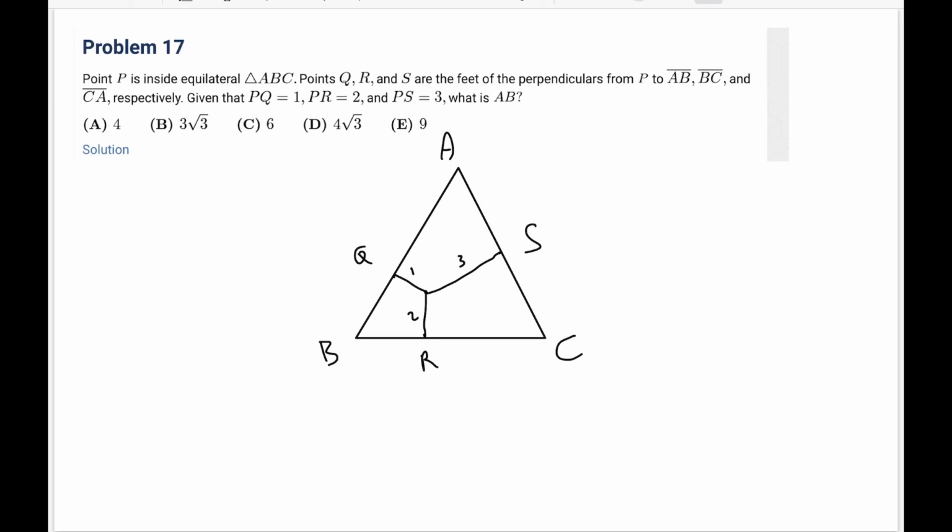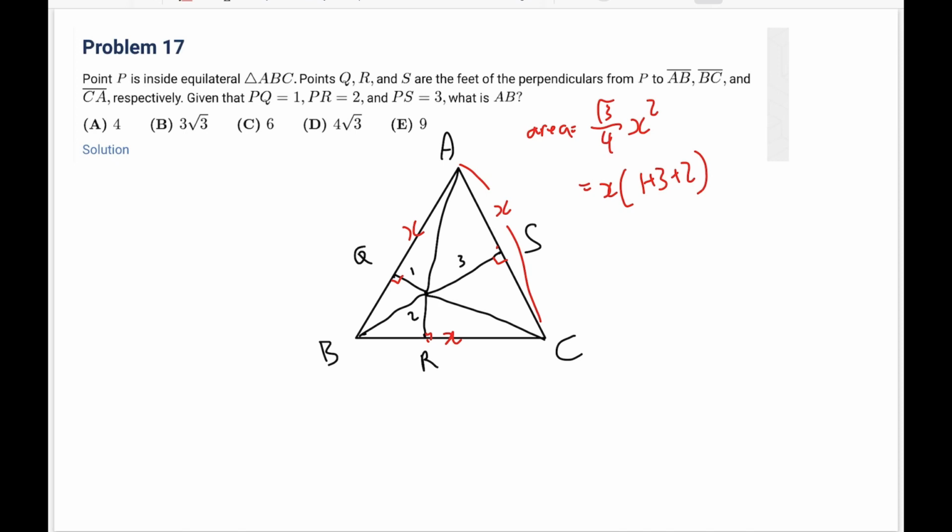So in this one, if a side length is x, then the total area is root 3 over 4 x squared, and it's also, if you divide like this, this is x and this is also x, and these are perpendicular, so this is x times (1 plus 3 plus 2) over 2.